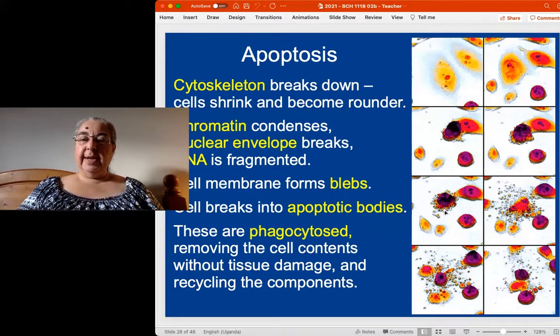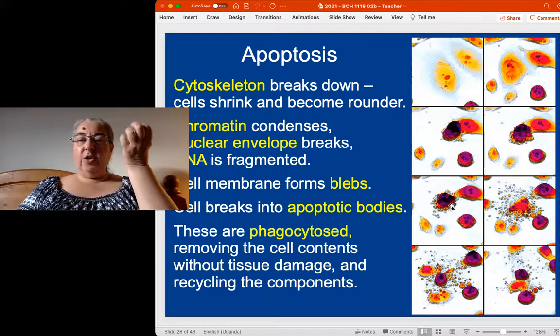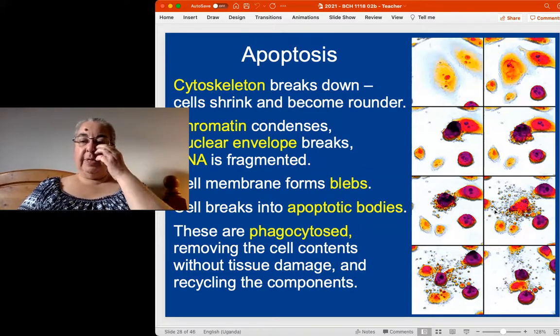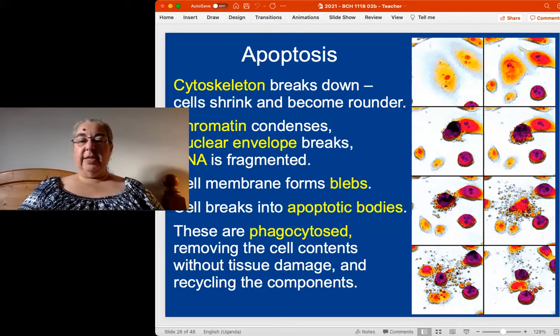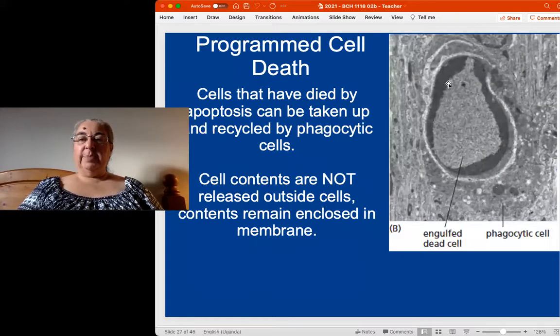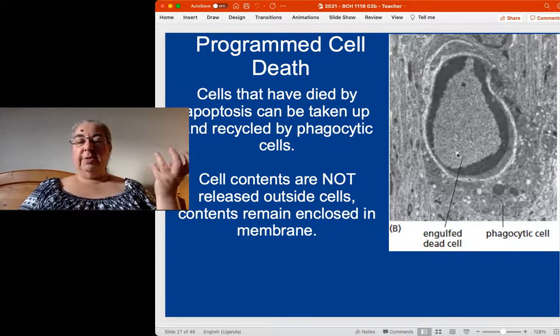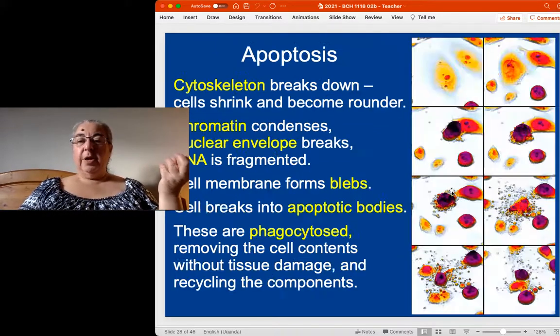So here we see a cell in the process of blebbing. It's releasing little spheres of cell contents. You can see it's just starting to do it here, and here it's released lots of blebs of cell contents. These can be phagocytosed, taken up by other cells, by phagocytes, like this macrophage. This macrophage has been able to take up a whole cell, but they can also take up small blebs of cells and cell contents.